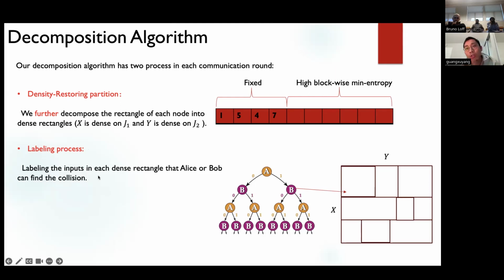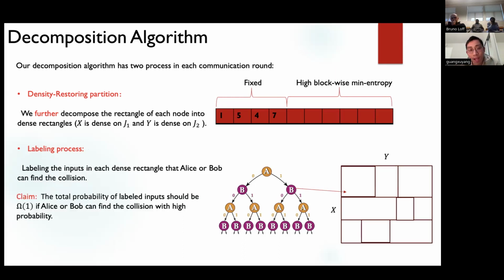This process is used to upper bound the success probability of Alice and Bob. Here is the claim: the total probability of leveled input should be Omega(1) if Alice and Bob can find the collision with high probability. We will use this claim in our proof later.